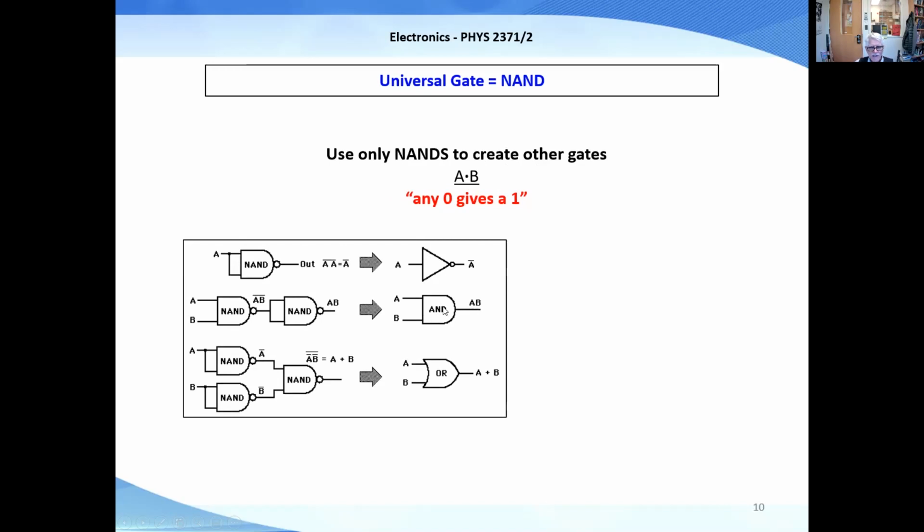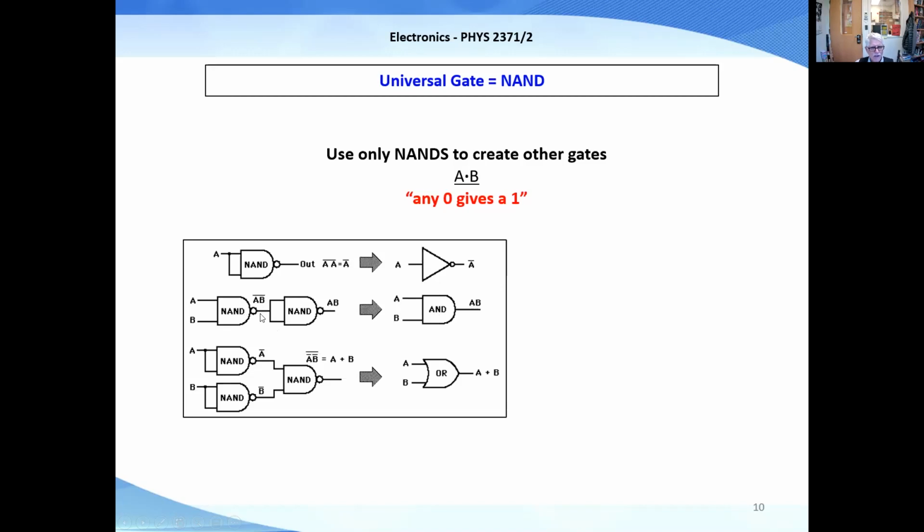And if you want an AND gate, you take a 2-input NAND, and then you tie the inputs here, so this is a NAND and this is a NOT. So effectively it looks like a NOT with 2 circles on it.